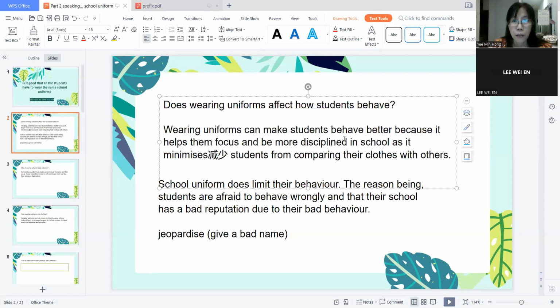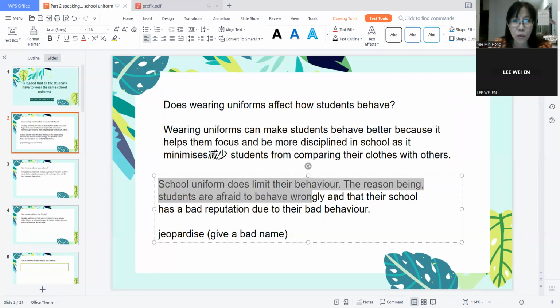Wearing uniforms can make students behave better because it helps them focus and be more disciplined in school as it minimizes students from comparing their clothes with others. Minimizes. Okay, all right. And also some other reasons as well. Come on.